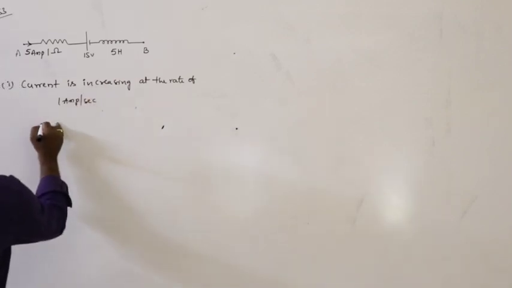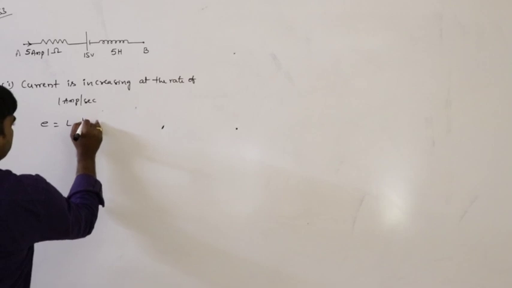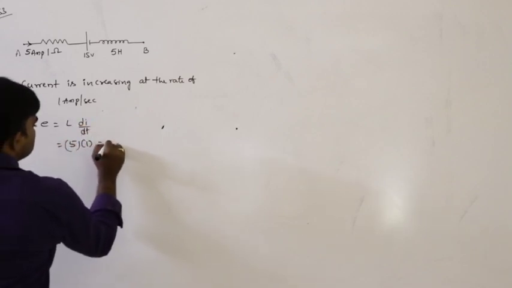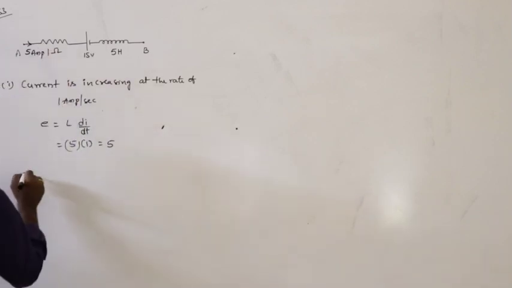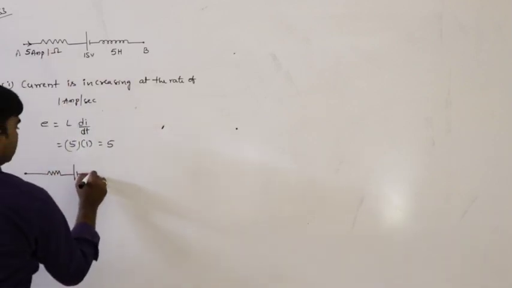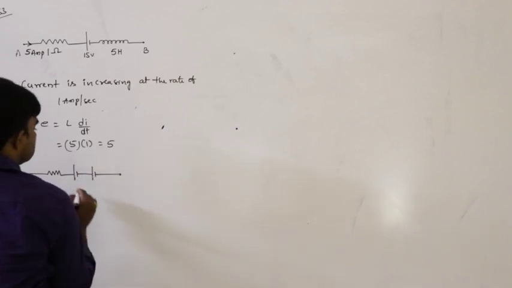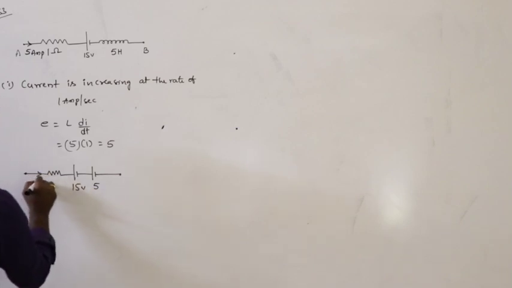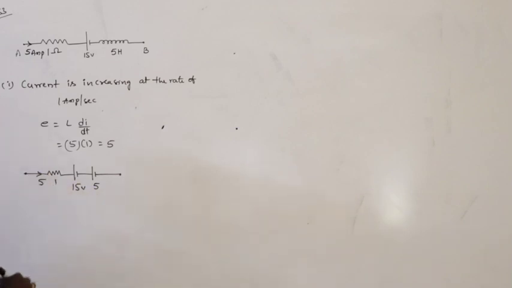So E is equal to L into di by dt. L is 5, that is 5. So this circuit becomes, this one, and it is the battery, and the EMF is like this. This is 5 volts, this is 15 volts, and this is 5, and this is 1.